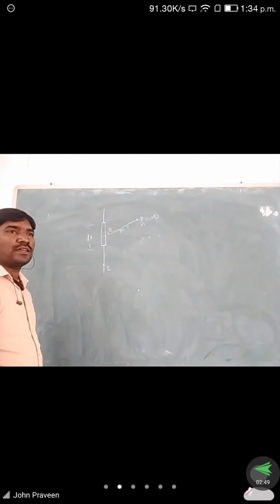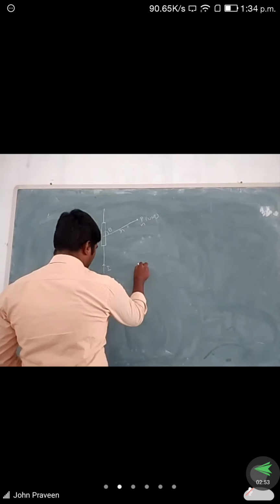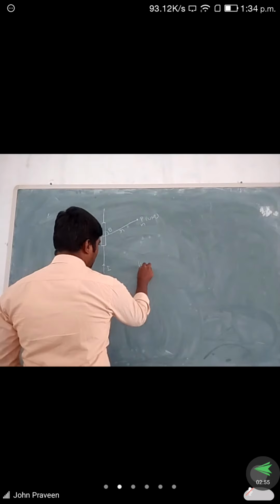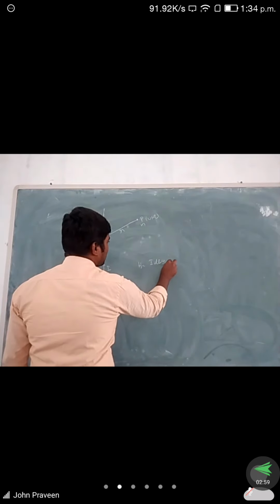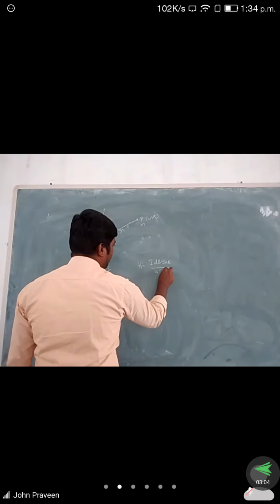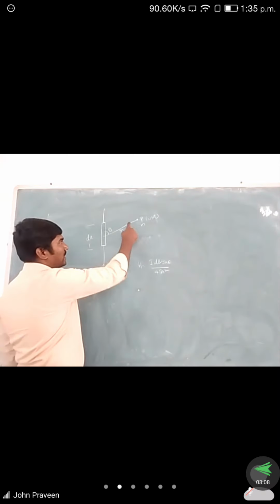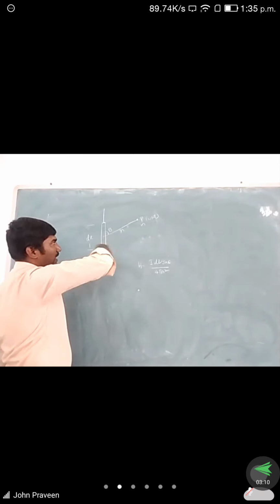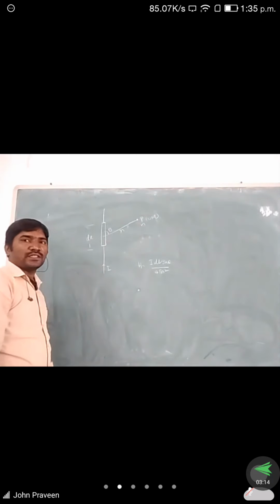From this data, we already derived the equation for the field strength: H is equal to I into dl sin theta by 4 pi r square. This is the field strength at that location.